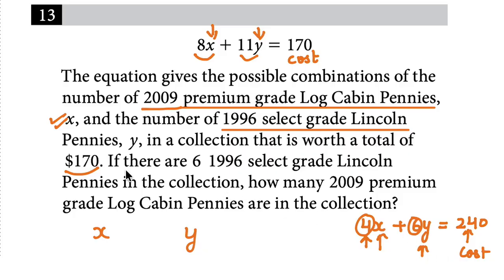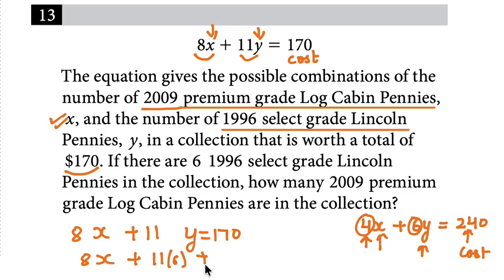Okay. If there are 1996 select grade Lincoln pennies in the collection, how many 2009 premiums? So what is given to us? y is 6. So let's write 8x plus 11y is equal to 170 is our question, and y is given as 6.